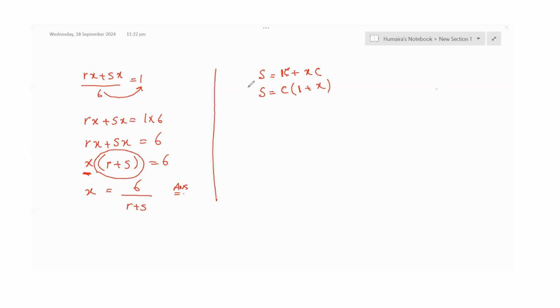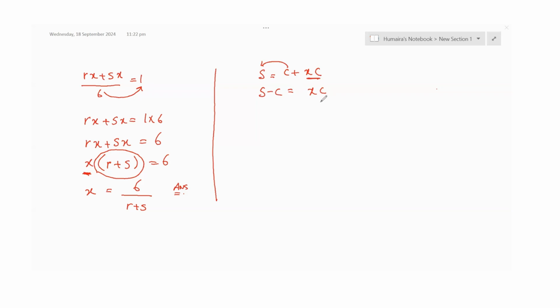We will try to make a simple solution as much as we can. We just have to keep in mind what we have to do. We want the value of X, so it means I will keep this term on this side and I will shift this positive C to the other side and it will become negative C. Is that clear?